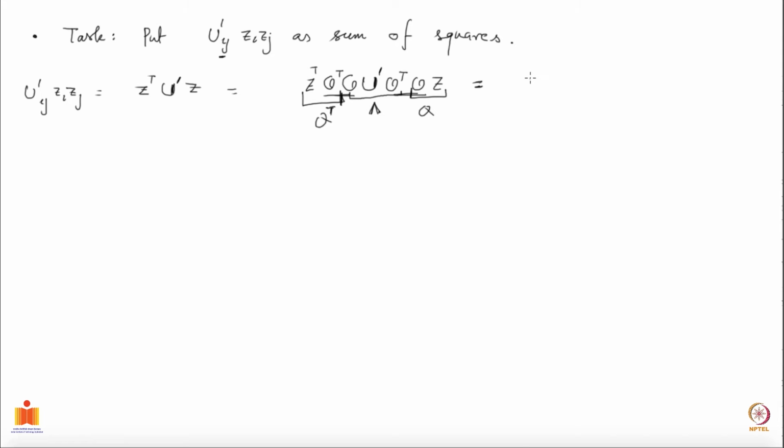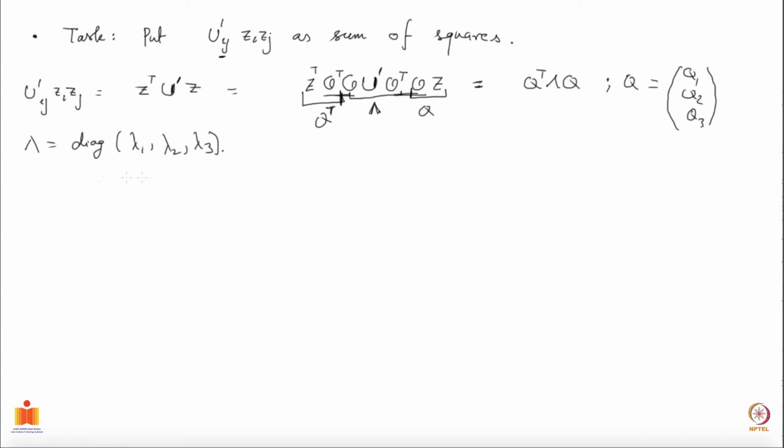So what we get here is Q transpose lambda Q. Q is a column vector, where Q is Q1, Q2 and Q3. And my lambda is diagonal: lambda 1, lambda 2 and lambda 3.